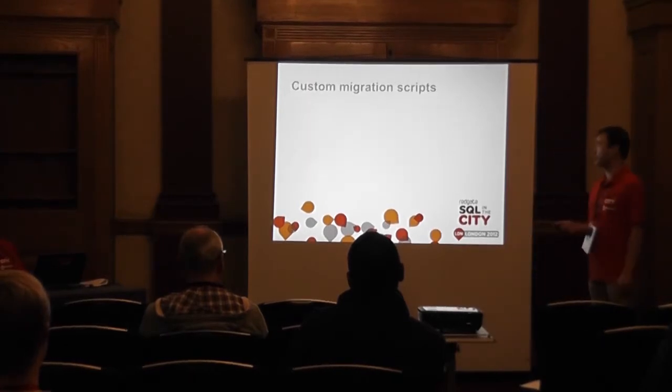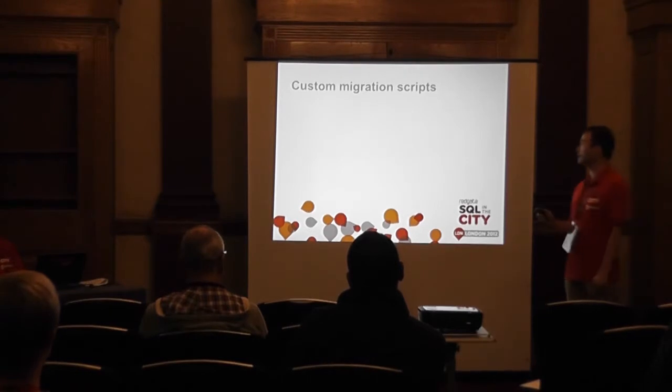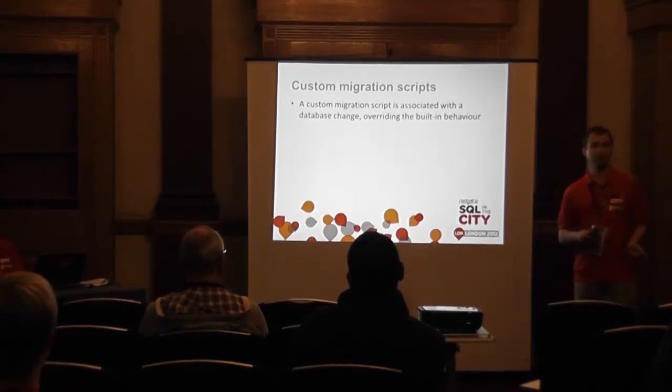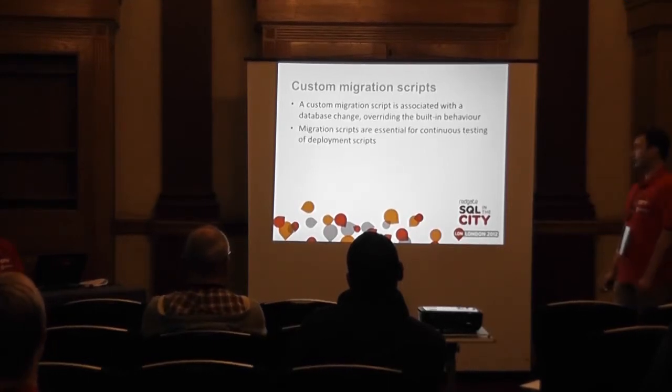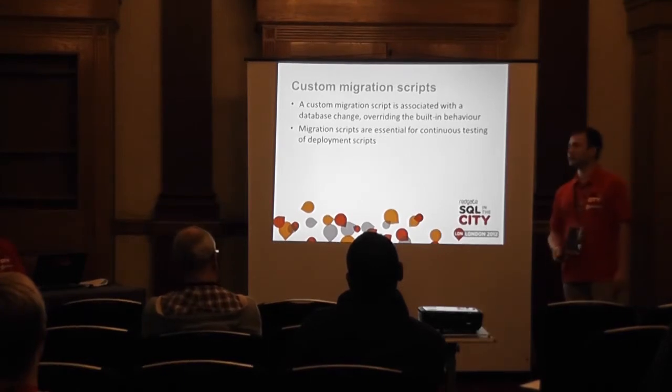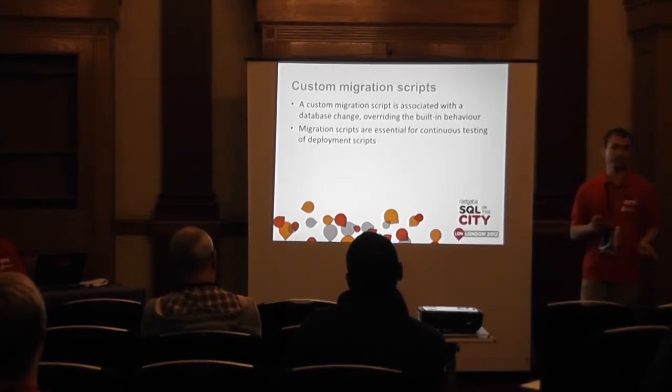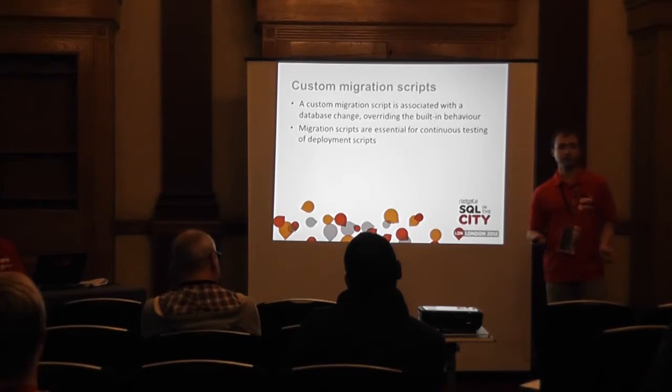But that's where custom migration scripts come in. It's the ability to give SQL Compare the knowledge that only you have, and for SQL Compare to then use that in subsequent deployment script generation. So it overrides the built-in behavior. And if you think about it, this is essential for any automation.